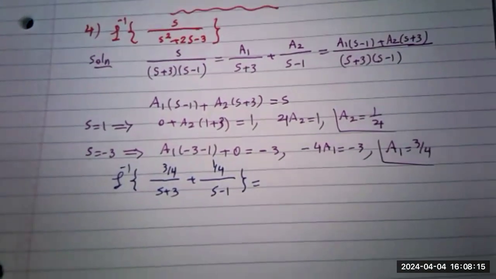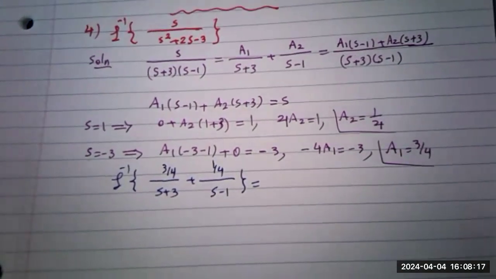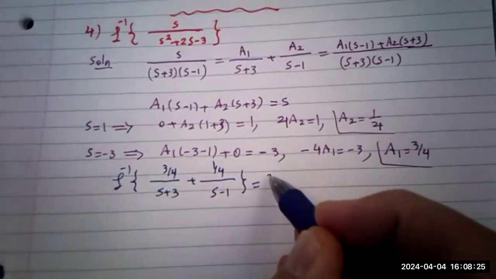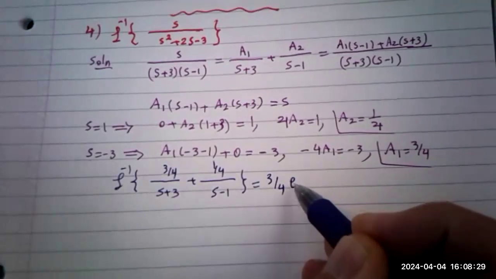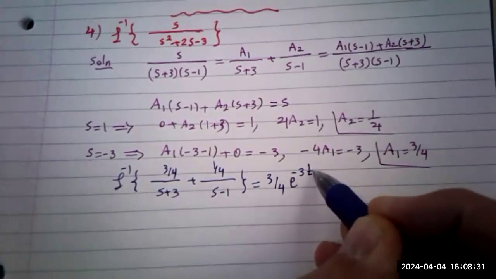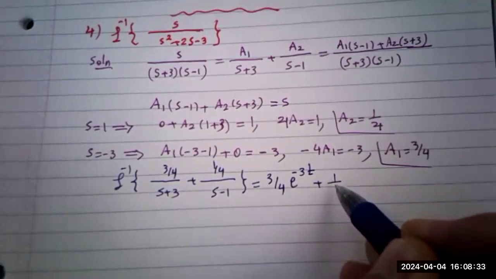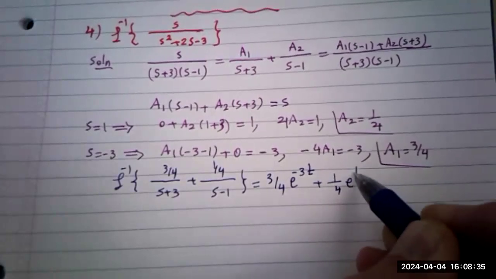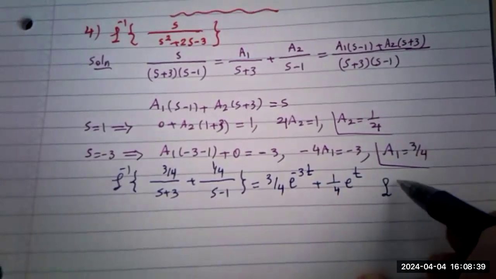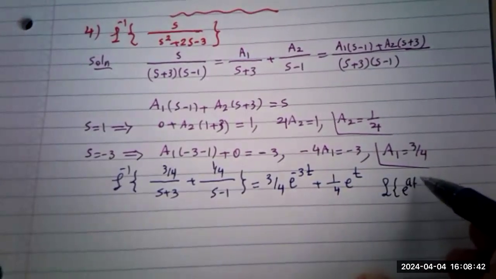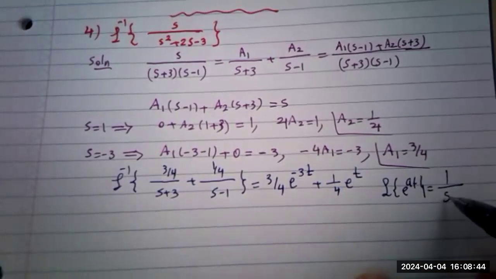You pull out the numbers, and both of them are going to be exponential functions. Remember, the Laplace of e to the at is 1 over s minus a. So this is going to be 3/4 e to the negative 3t, the first one, and 1/4 e to the t, just using this formula.